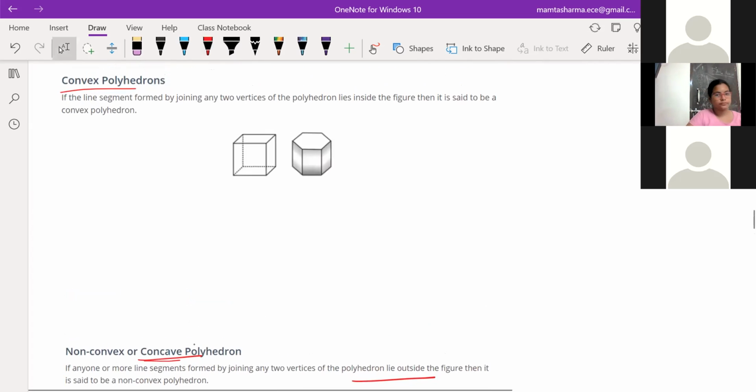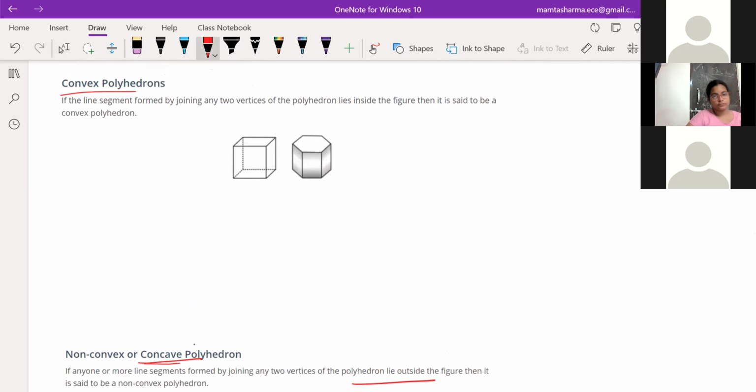So see, your mobile is a cuboid shape, right? Now, in a cuboid shape, can we draw any line outside of this shape? No, ma'am. We cannot draw any line outside of this shape.